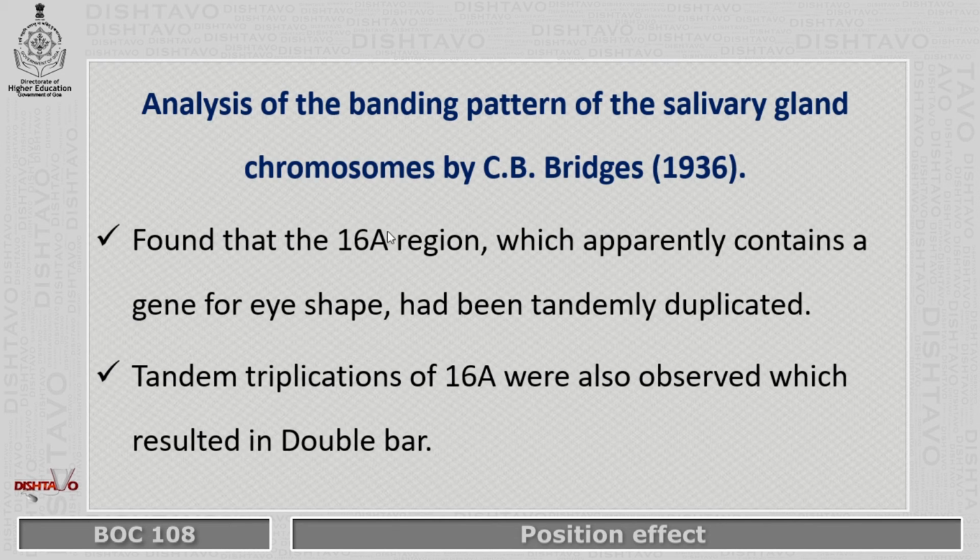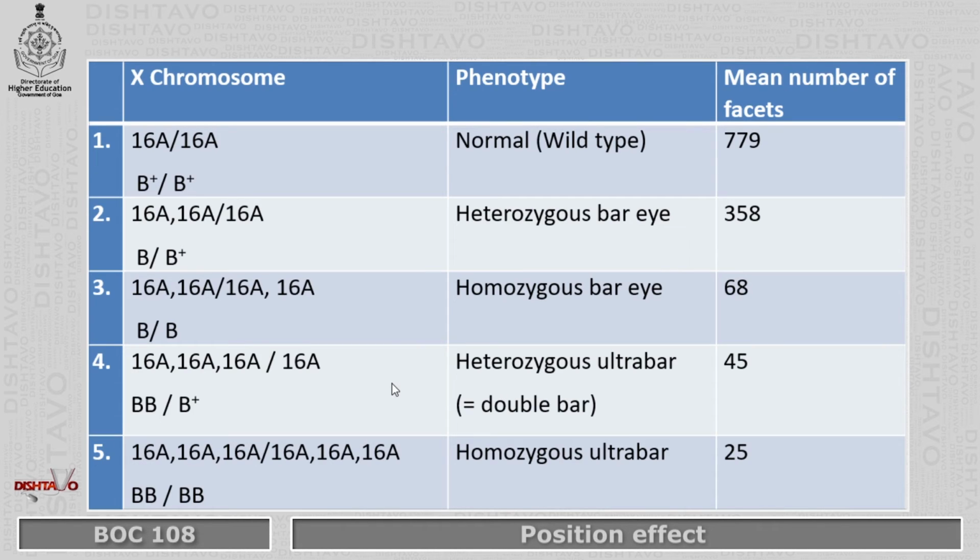He found that the 16A region, which apparently contains a gene for the eye shape, had been tandemly duplicated. And tandem triplications of 16A were also observed, which resulted in double bar.